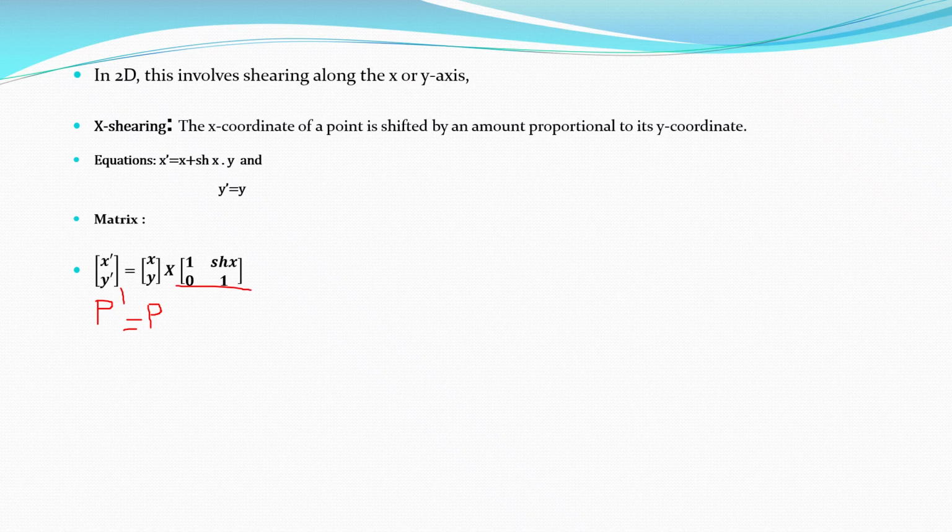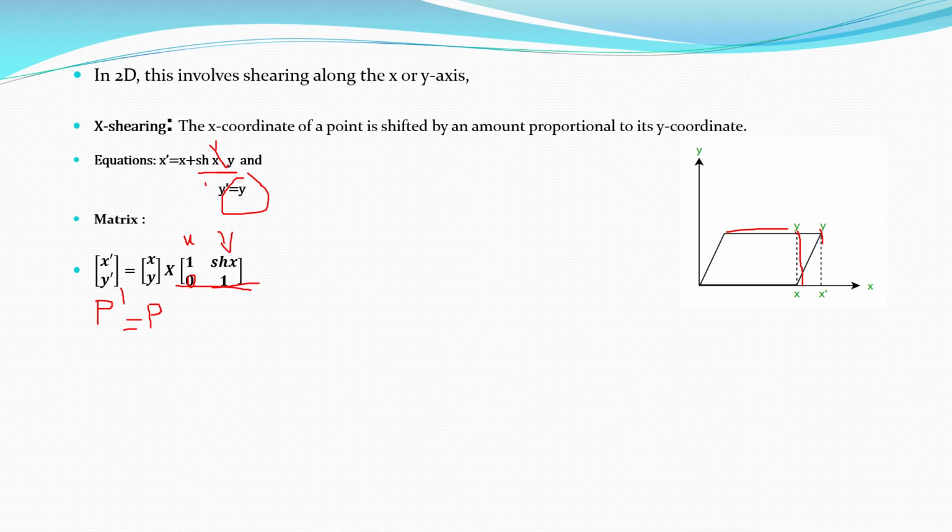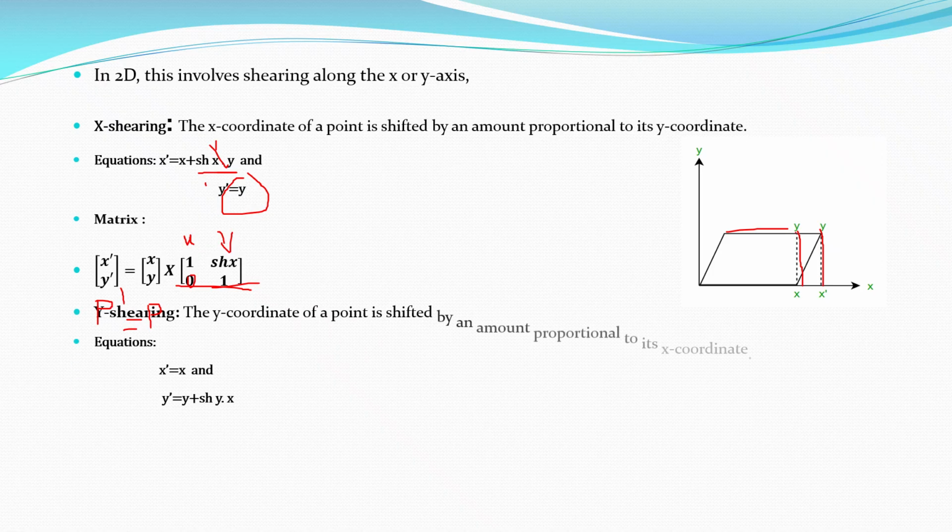Here we are shearing along the x-axis, so for x we multiply shear of x by y, which is why shear of x is here, and the 0 is because y is not changed and remains the same as before. This is your x-axis shearing, and with the example we can clearly understand how it works.